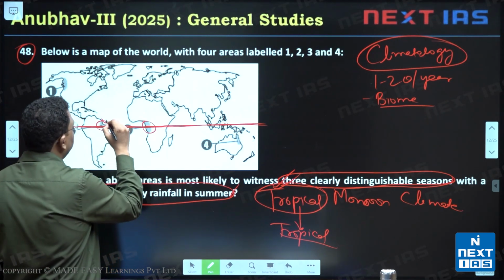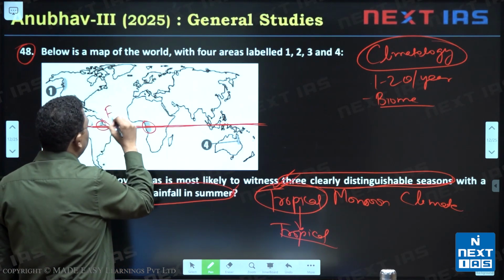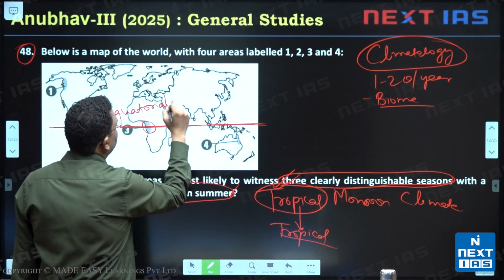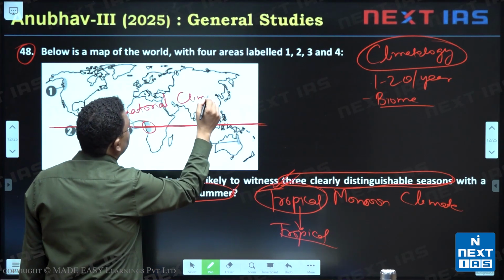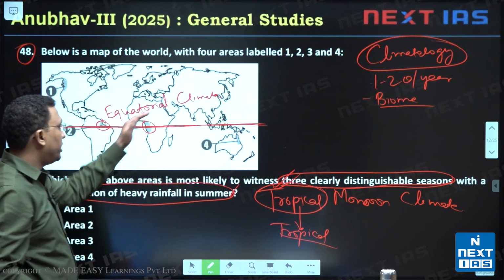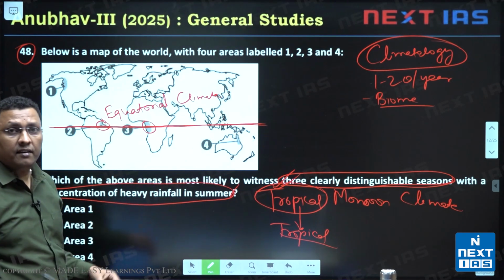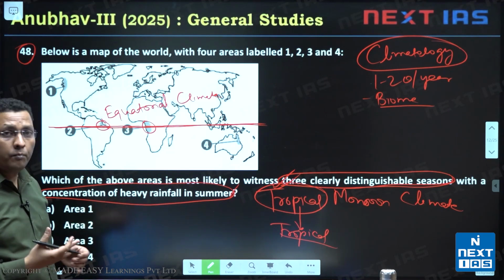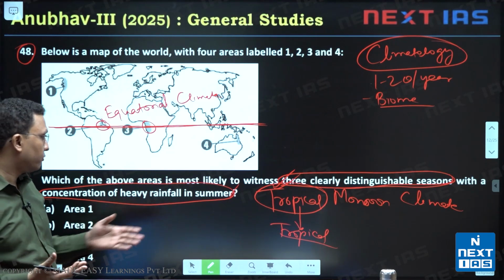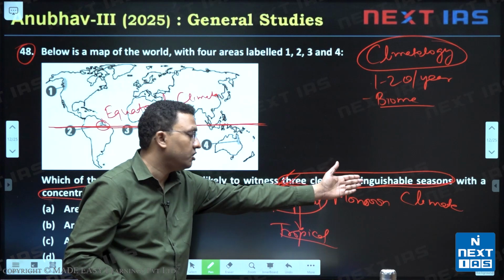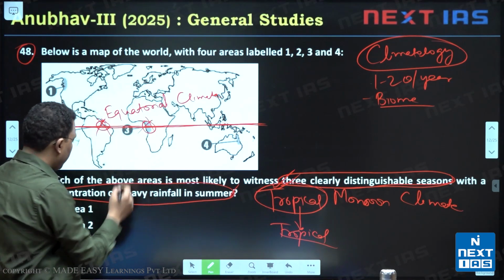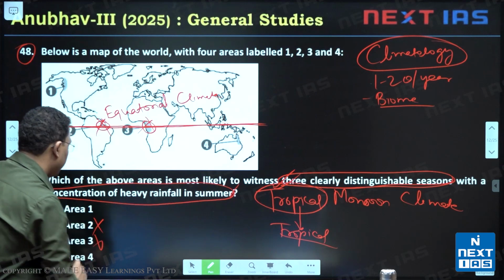So in that case, these two areas will be having equatorial climate, right? And equatorial climate is known for having uniform temperature throughout the year as well as uniform rainfall throughout the year. So they cannot have 3 clearly distinguishable seasons, right? So that means 2 and 3 are wrong, they cannot be the answer, right?